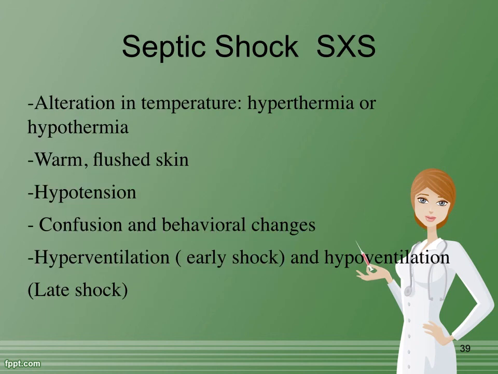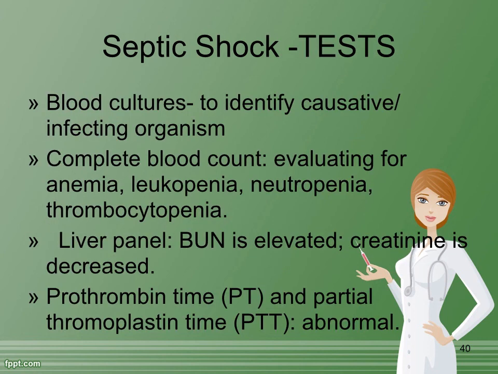Signs and symptoms: alteration in temperature, warm flushed skin, low BP, confusion, hyperventilation in early shock, and low ventilation in late shock. Tests: blood cultures because we want to know what the organism is.